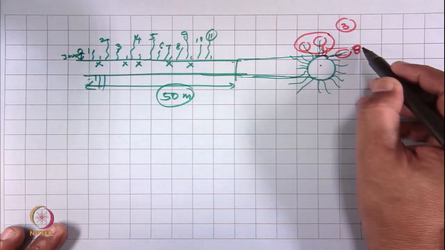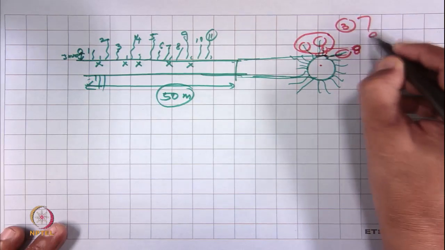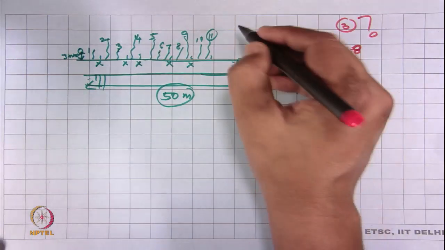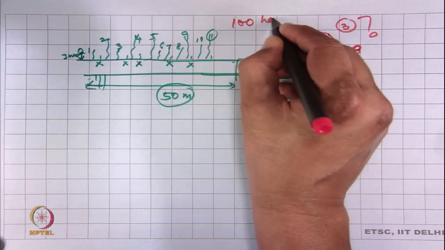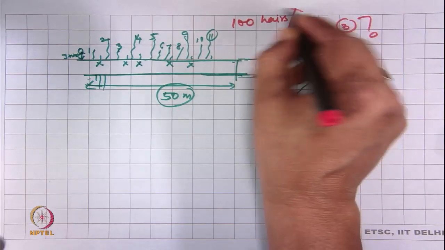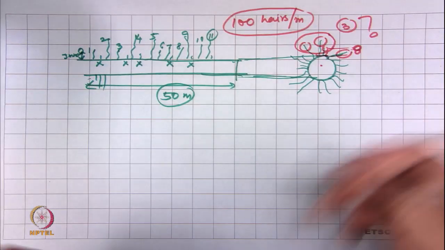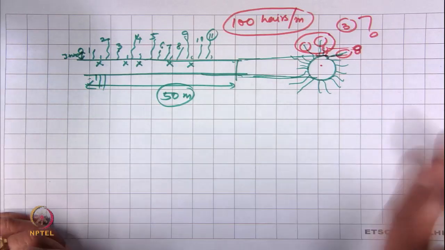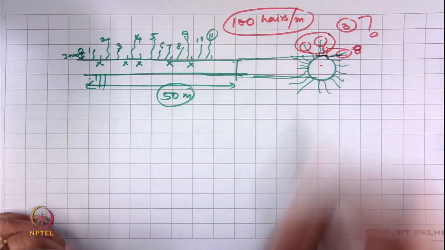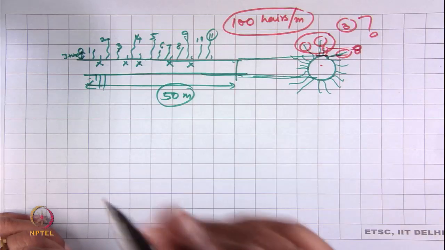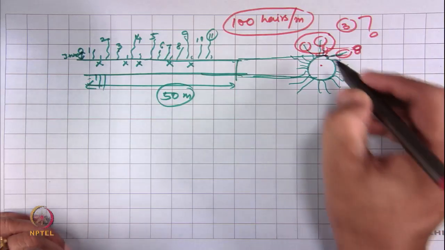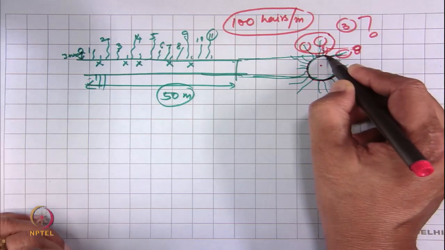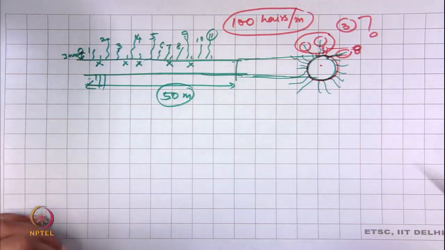So, is it giving the correct result? The count we are getting, say 100 hairs per meter or 1000 hairs per meter, whatever may be the count, are we getting the exact number of hairs? No, we are not. We are getting an indication of hairs, with an assumption that the hairs are covered uniformly throughout the yarn surface.